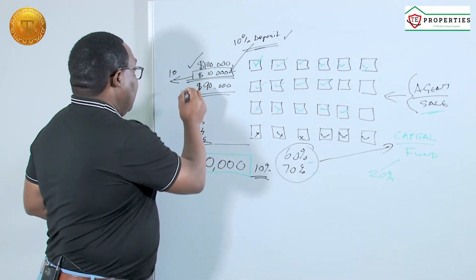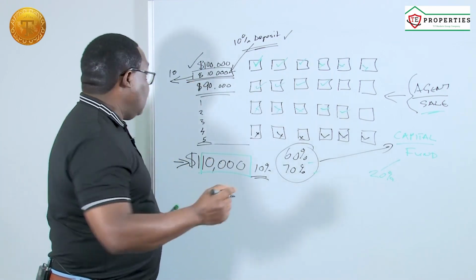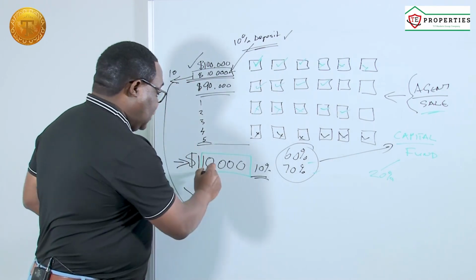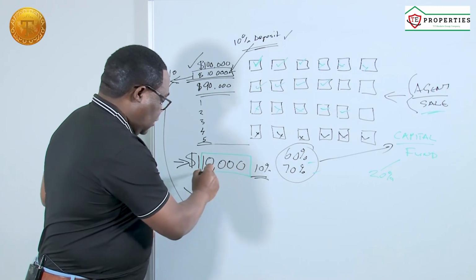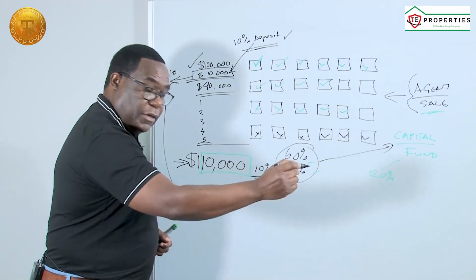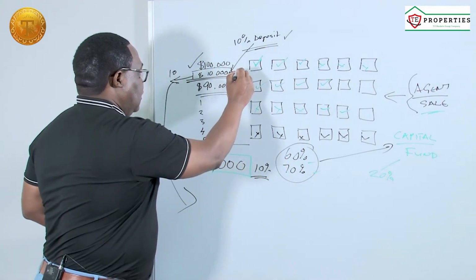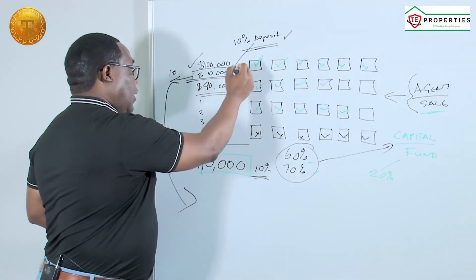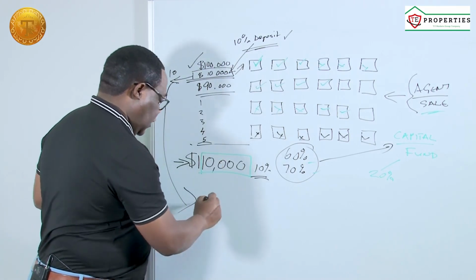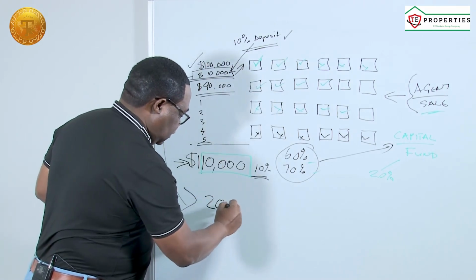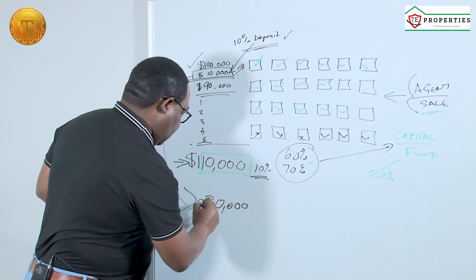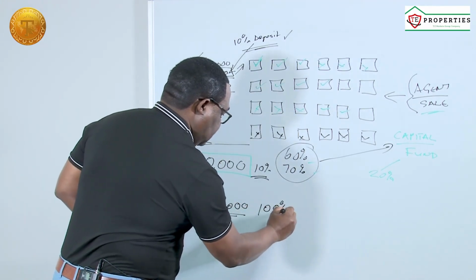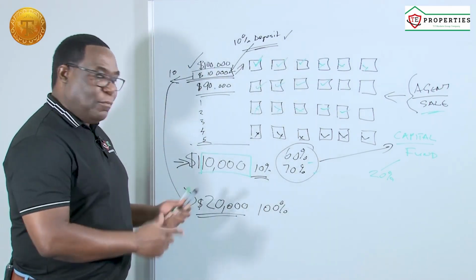Because remember, you'd put in 10,000, so the 10,000 will be paid back to you, plus the 10,000 increase. So 10,000 out, 10,000 in, that's $20,000. Okay, now that's a no-brainer. That's 100% profit. That is how you make 100%.